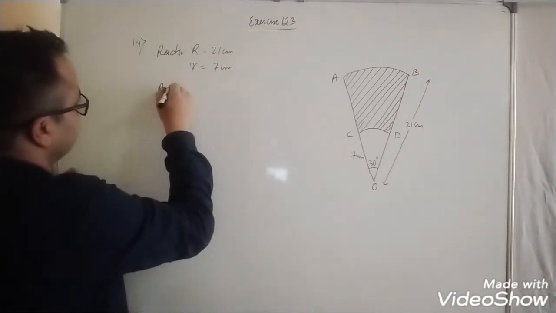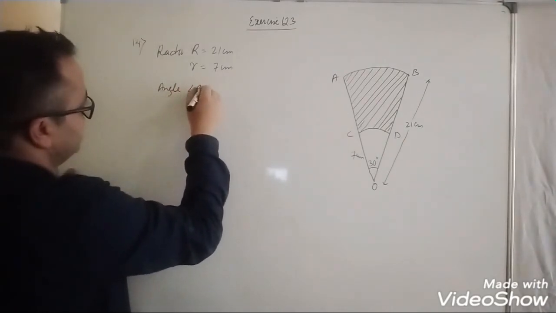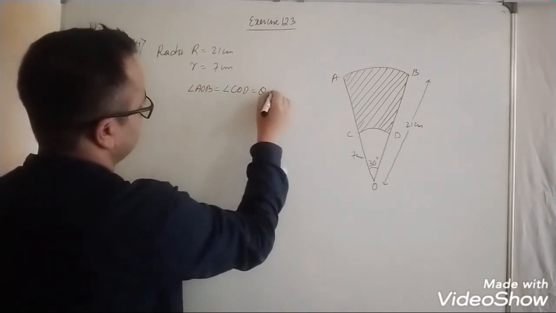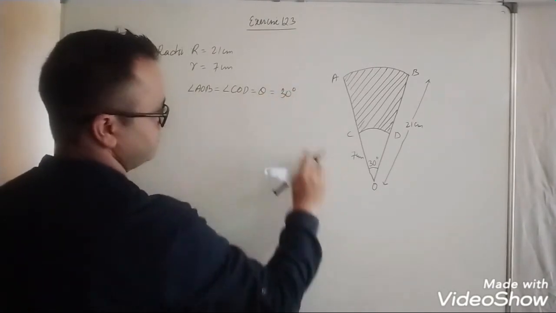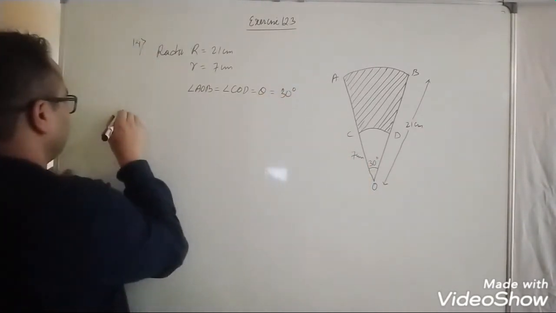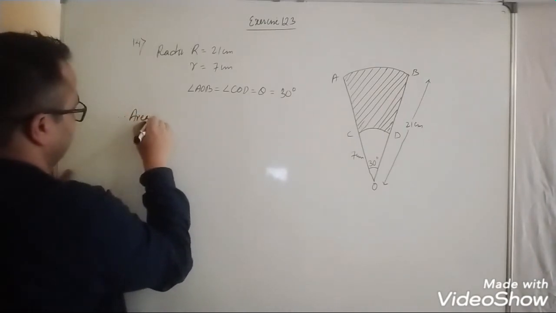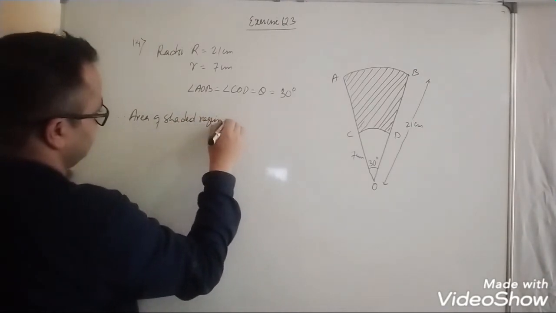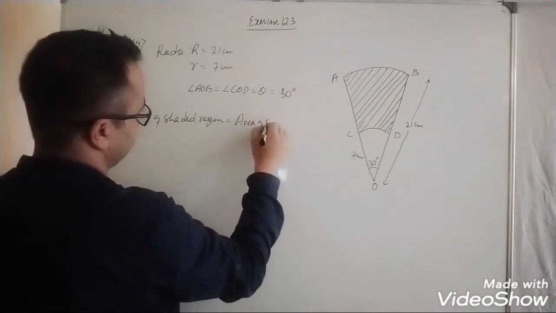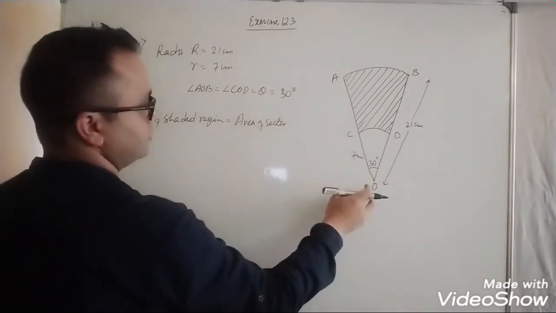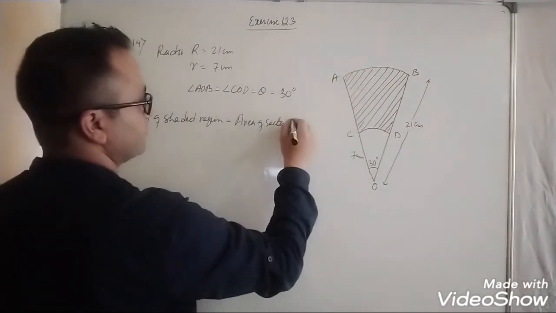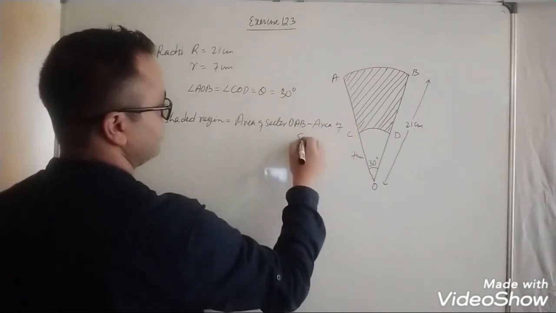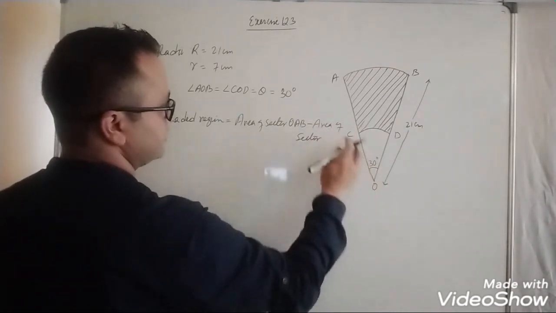Angle AOB equals angle COD equals theta equals 30 degrees. So the area of the shaded region equals area of sector OAB minus area of sector OCD.